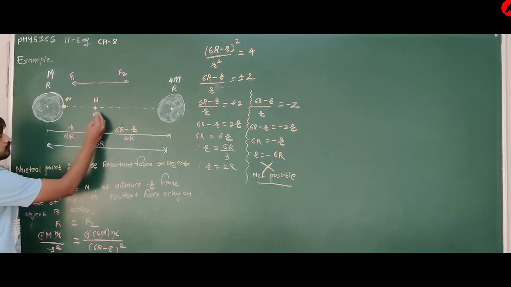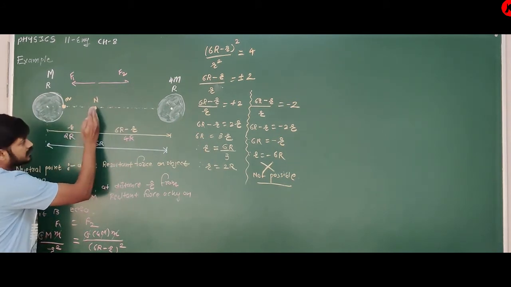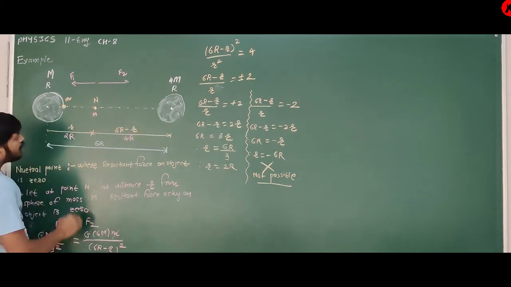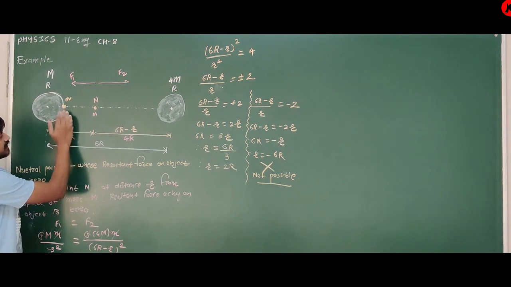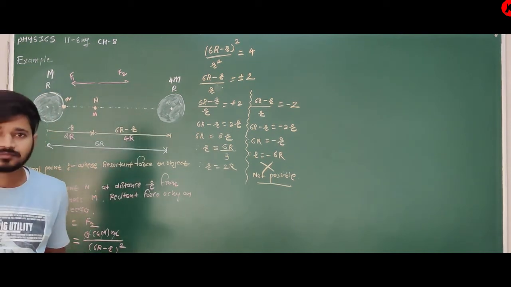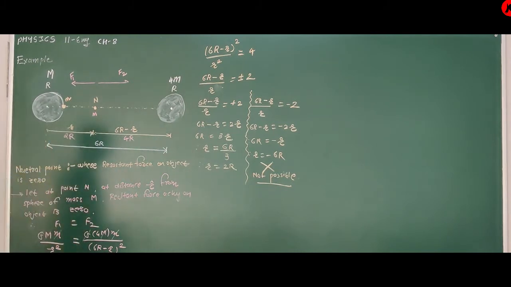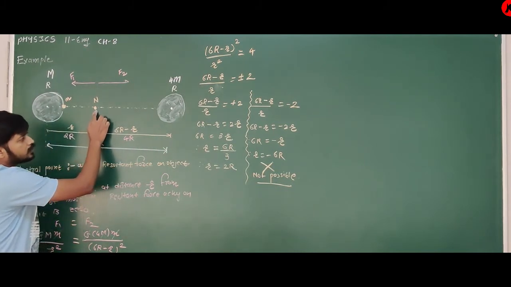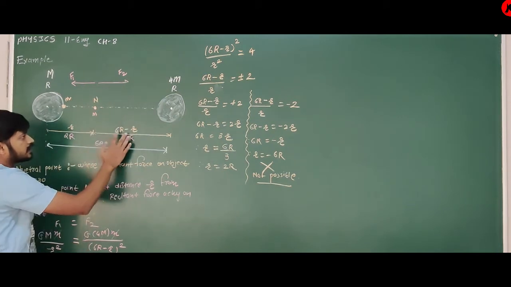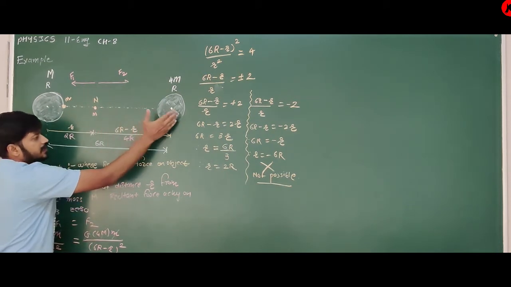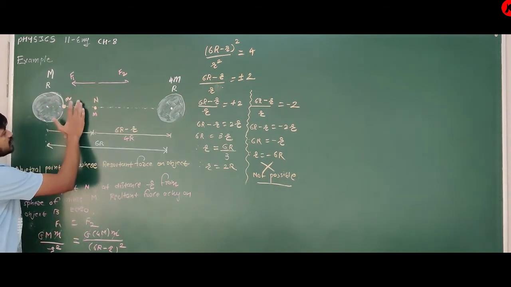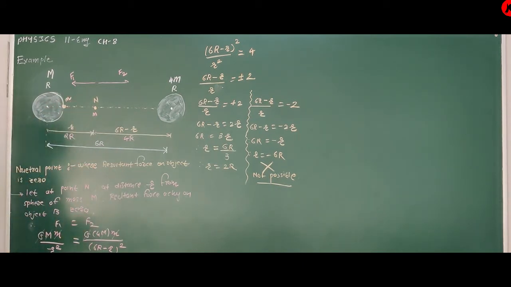now if the object is this side, it is attracted by this body. If the object is this side, it is attracted by this body. It is a simple concept. As it is the neutral point, if the object is in this region, it is attracted by this sphere.